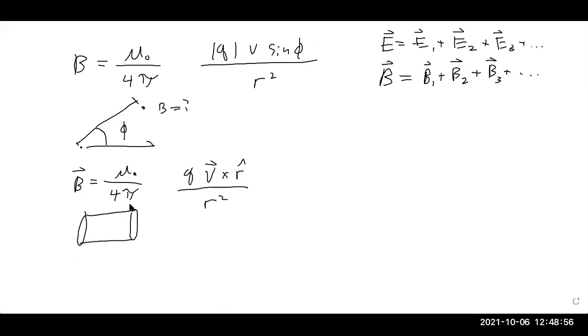So if there is a wire and we're just looking at a very, very small segment of it, we're going to let the length of this become infinitesimal eventually and integrate over the length of it.